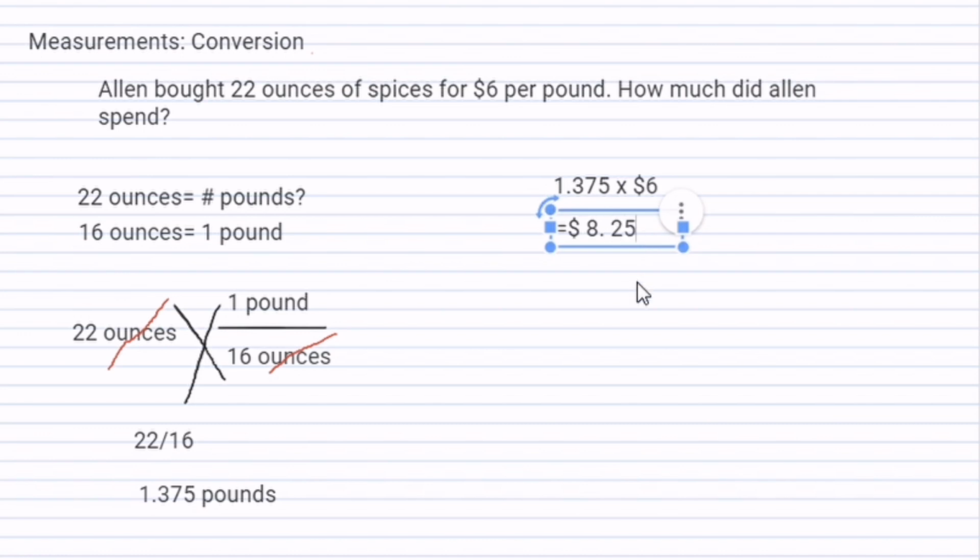So Alan spent $8.25 when he bought 22 ounces of spice for $6 per pound. This is what Alan spent when he bought spices.